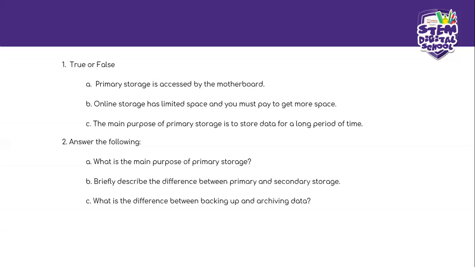I guess the difference is that primary storage stores data only for the short term, and data will be deleted when the power is turned off. Once the computer is off, there's no power, then the data is lost.